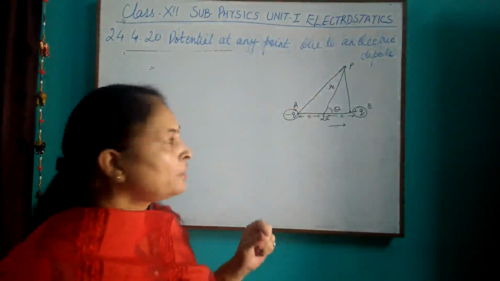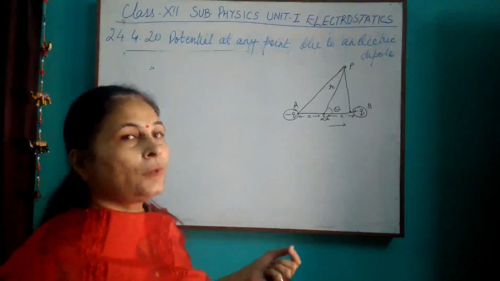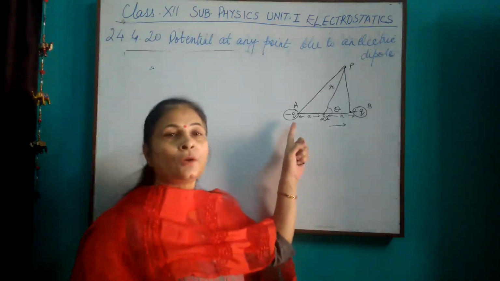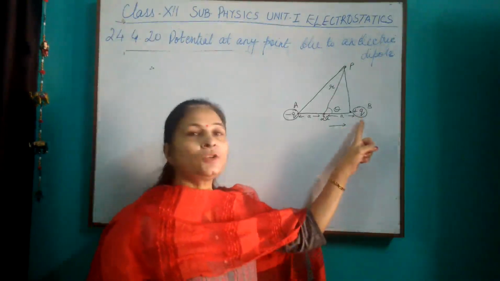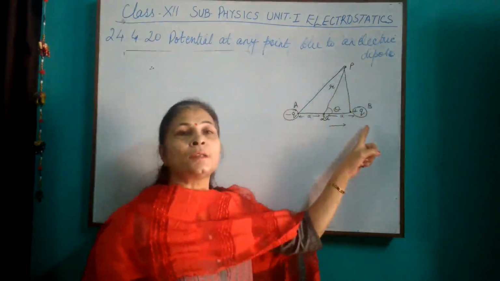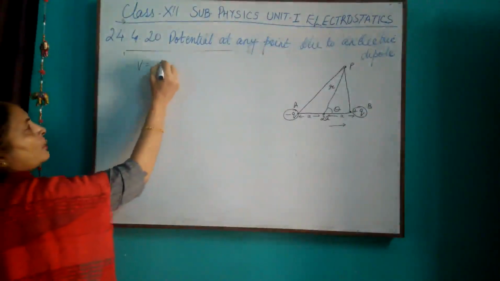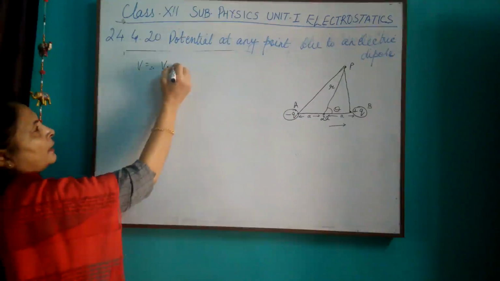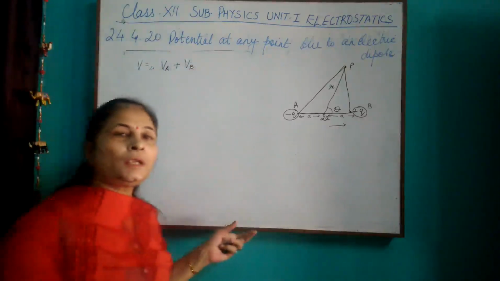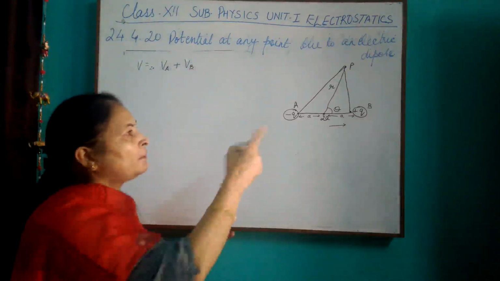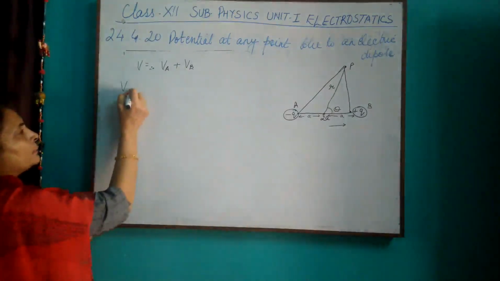Now the potential at any point will be the sum of the potential at point P because of charge minus q at point A plus the potential at point P due to the charge at B. So my total potential will be equal to potential due to charge A plus potential at point P due to charge plus Q. So what shall VA be equal to?